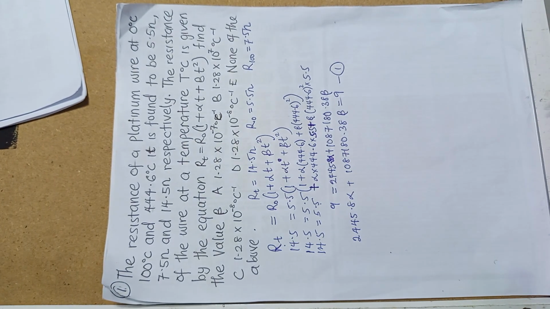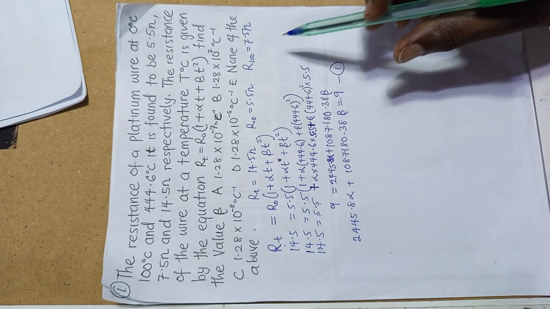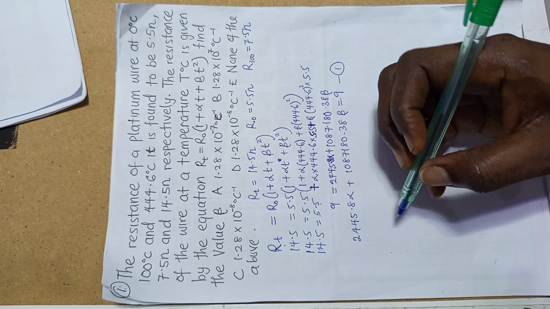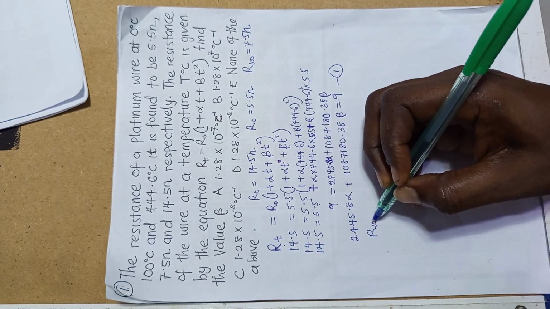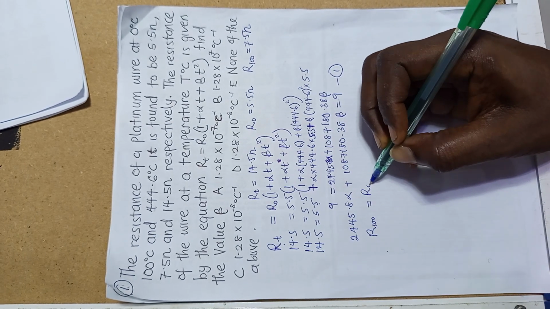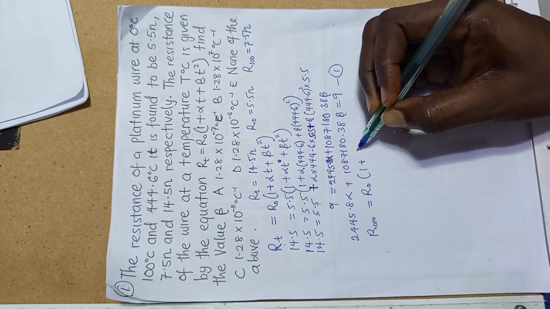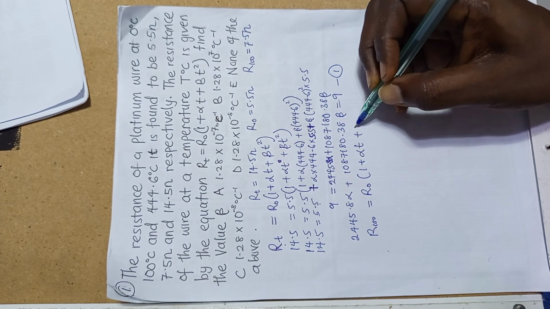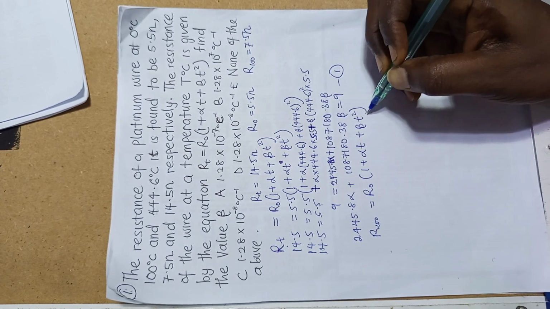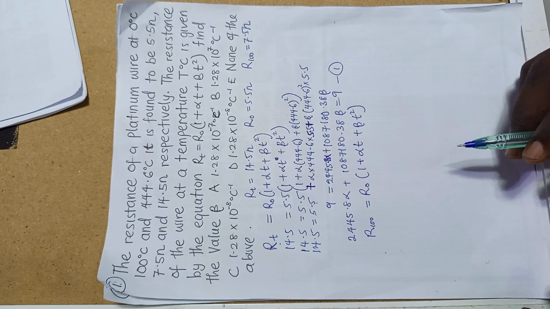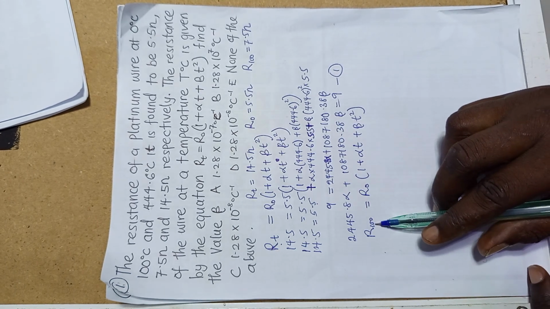Equation 1. Now, to get equation 2, we are going to use R_100 equals R_0 (1 + alpha t + beta t square). That means resistance at 100 degrees Celsius.